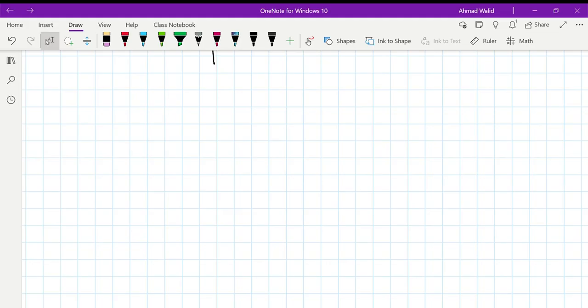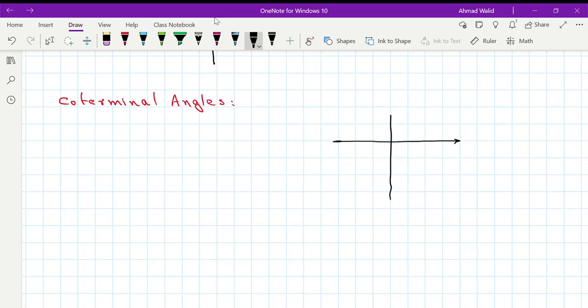Anyway, the next topic is coterminal angles. Correct? Coterminal angles. If this is your xy plane again, this is your x-axis, this is your y-axis, correct?